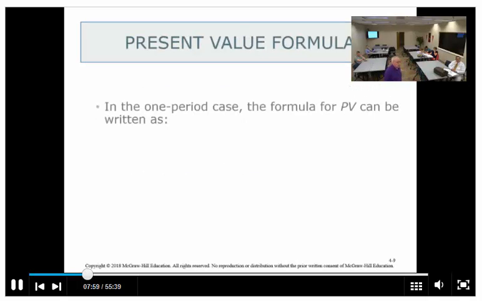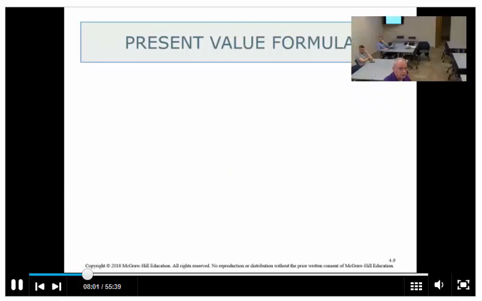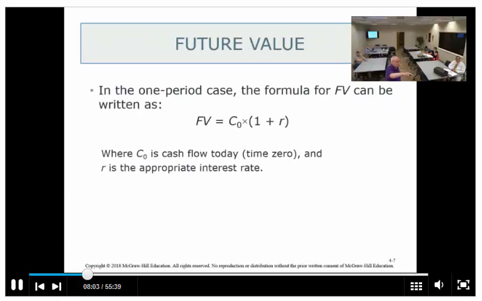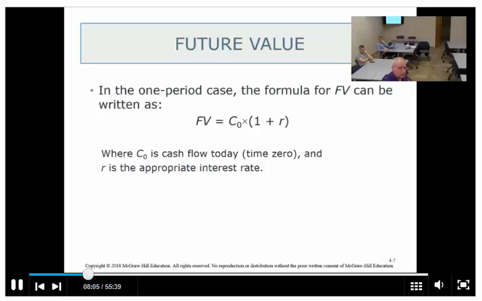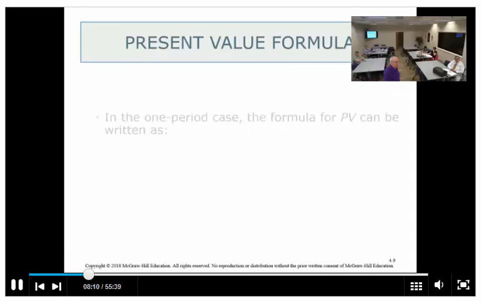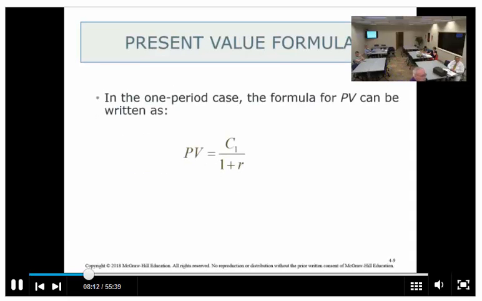In other words, if the future value equals the cost, the investment at time 0 times 1 plus the rate, then the present value is the future value, all right, the investment a year from now, divided by 1 plus the rate.